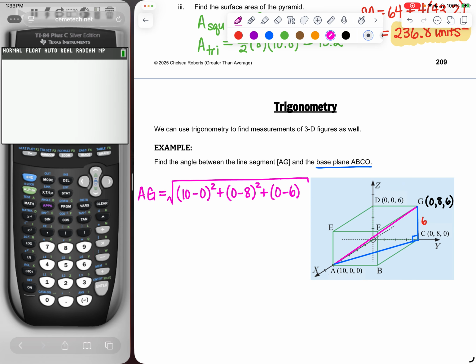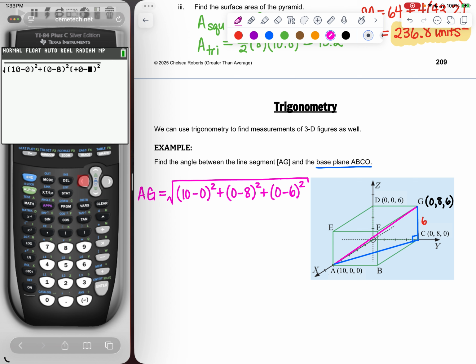All right. And all I have to do, once again, is put it in the calculator. Make sure that I'm neat with what I type in. So 10 minus 0 squared plus 0 minus 8 squared plus 0 minus 6 squared. All right.